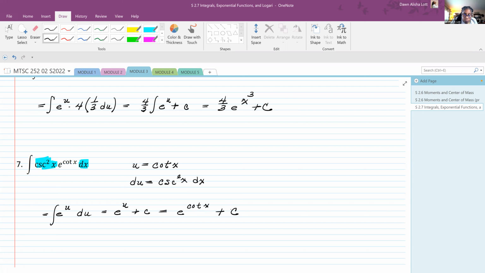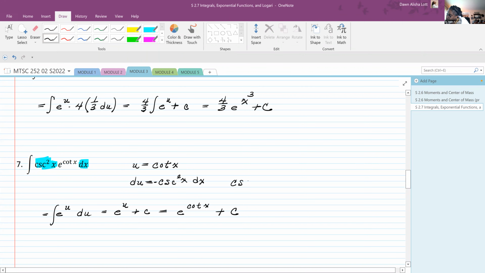Yes. Okay, so there's a negative in here. So if I want cosecant squared x dx, I have to put in a negative du. So therefore, there should be a negative du in here and a negative outside. So now it is correct.